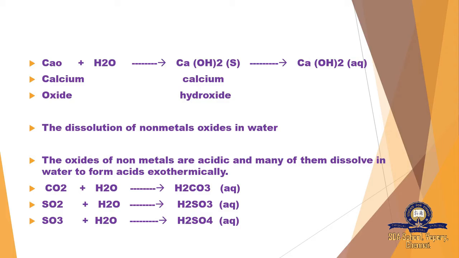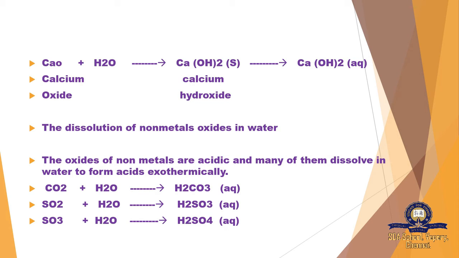Next, the dissolution of non-metal oxides in water. So these are the metal oxides, and we saw how they reacted. Now we are going to see the non-metals, while reacting with water, what product we get. The oxides of non-metals are acidic and many of them dissolve in water to form acids, and it is also an exothermic reaction.